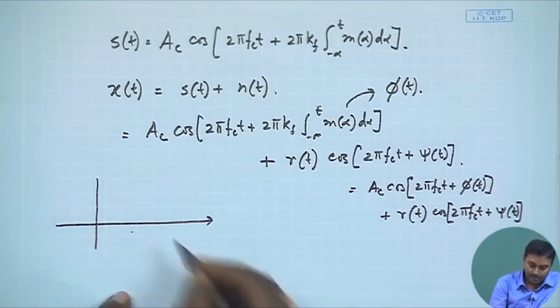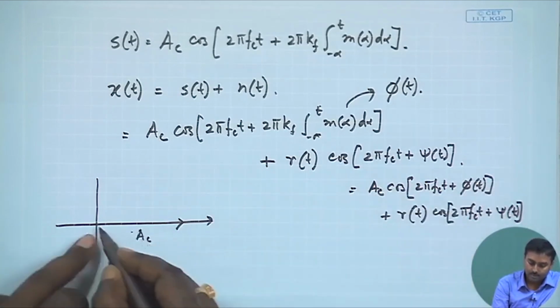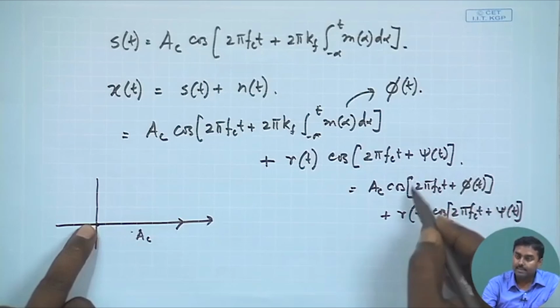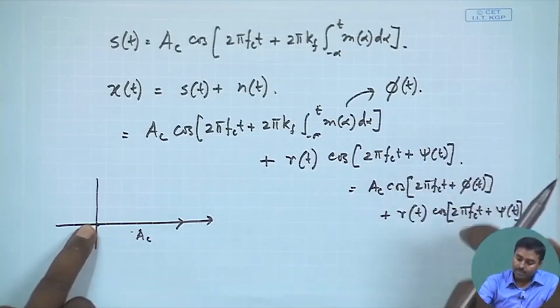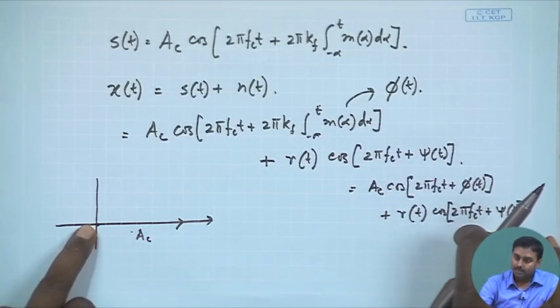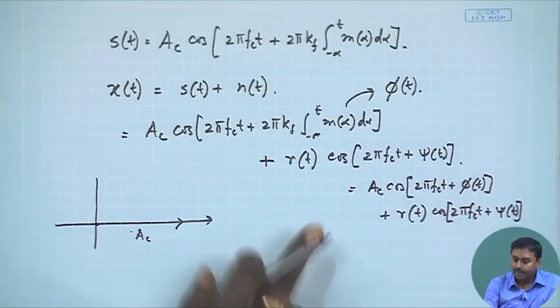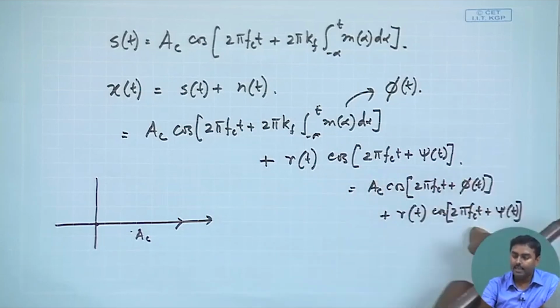Therefore, I can put AC over here, because in phasor it is whatever the angle. Now, this angle is taken as reference, so that must be the 0 angle. With respect to that, we will have to put this. What is the angle of that one? In phasor, these will be 2 vectors, which have this angle and this angle.